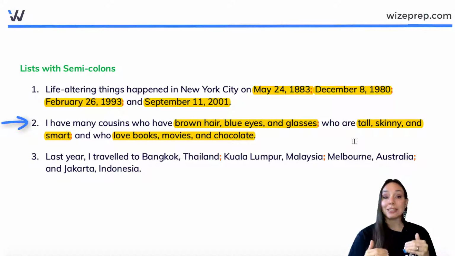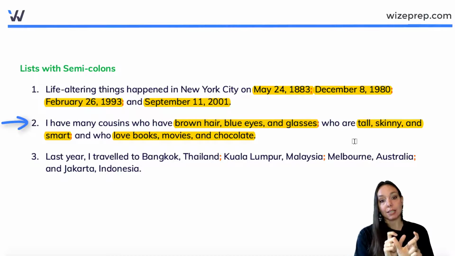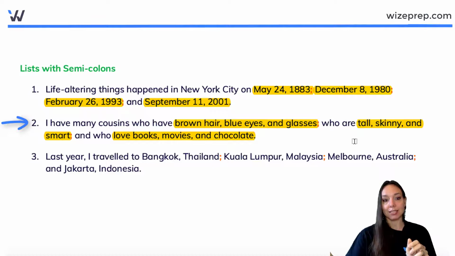So because there's a list within a list, each of these independent lists, so the brown hair, blue eyes, and glasses component, that's talking about they have these 3 things separated by commas. They are these 3 things separated by commas, and who love these 3 things separated by commas.